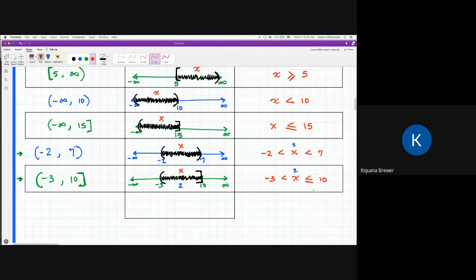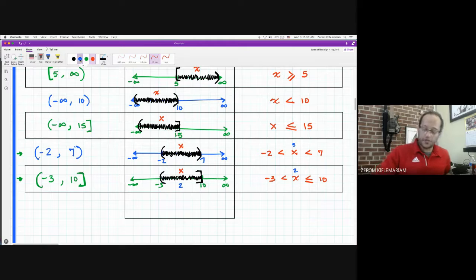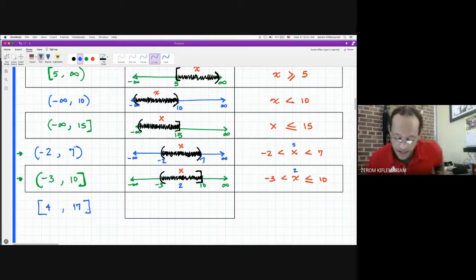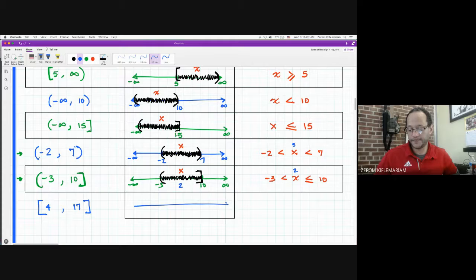Thank you. You're welcome. Another one, in the same area. Sometimes both sides, the left and the right, are brackets. Negative infinity, positive infinity.